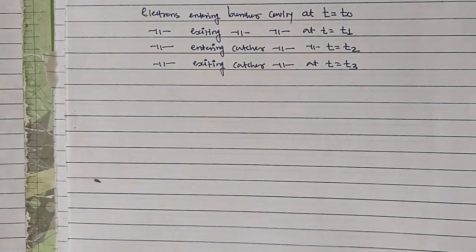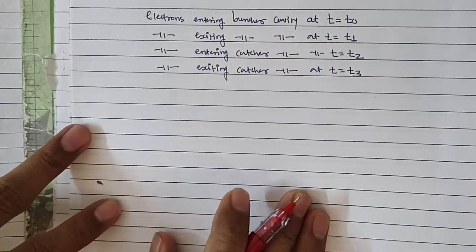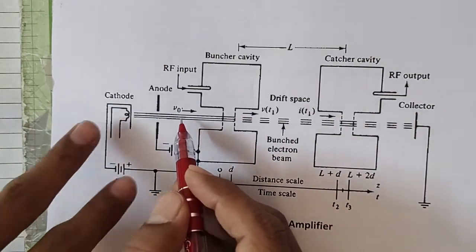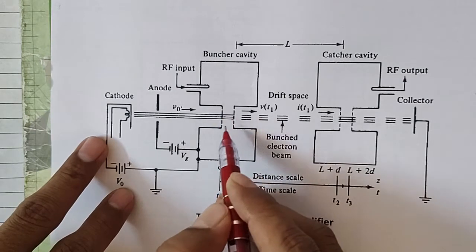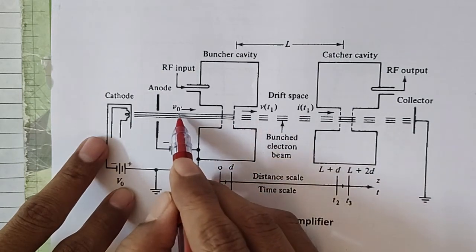Okay, so to determine V of T1, we have to obtain the average microwave gap voltage. To do that, we should start with this voltage V0. First we'll write what V0 is, then we will write the average gap microwave voltage present in this tube, and that voltage we will add to this V0.